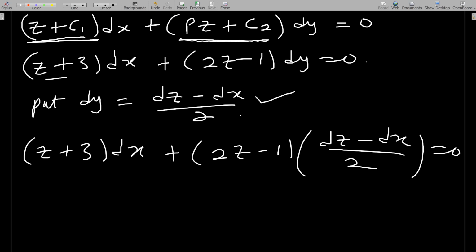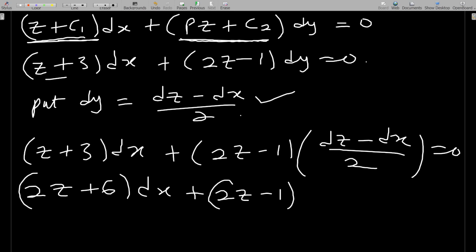So multiply through by 2 and you have 2 into z plus 3, and that will be 2z plus 6 all dx, then plus (2z minus 1), because they are one term. When I multiply 2 through, the 2 would only affect this term. So this is dz minus dx, and it equals 0.